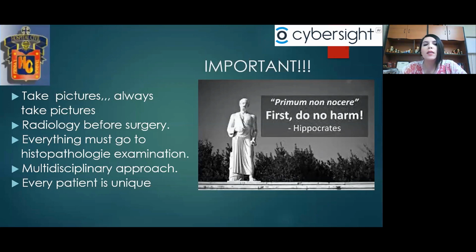You have to be very ethical and think that every patient is a unique and special case that you have to treat in a very important way, as if the patient were your family member, okay? And finally, do not forget that Hippocrates said, primum non nocere. If you can't do something, you can always ask for help.